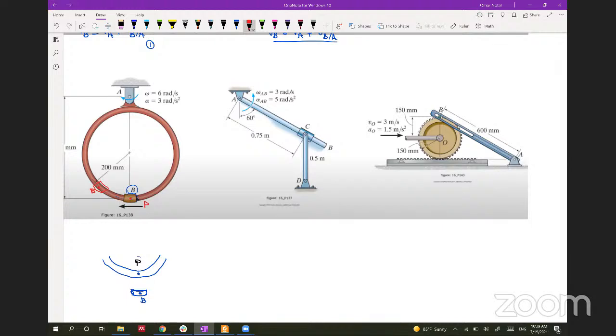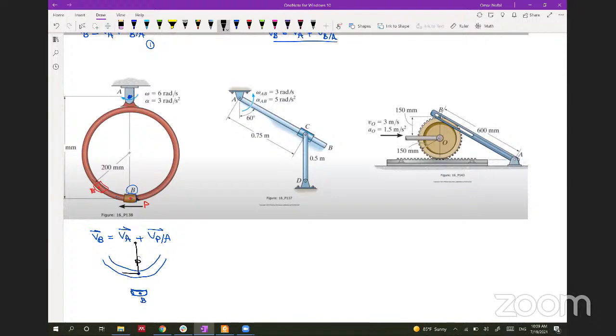So let's put the equation here. What we have is that the velocity of B will be equal to the velocity at A here plus the velocity of P with respect to A. So this is how much this point moves with respect to point A out there.